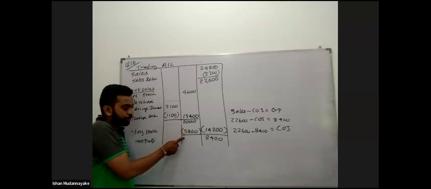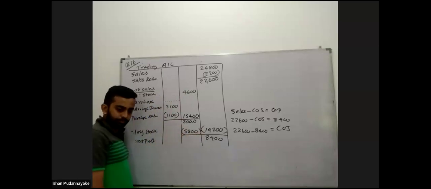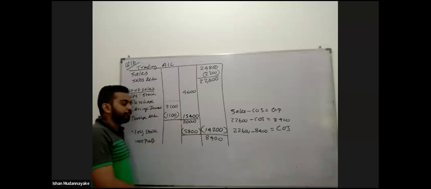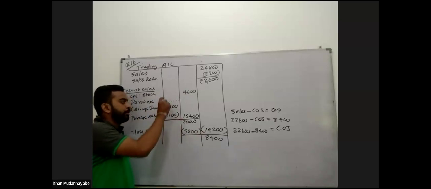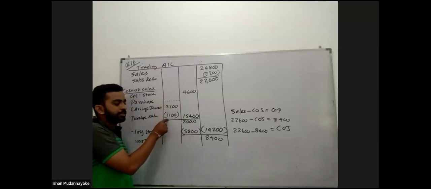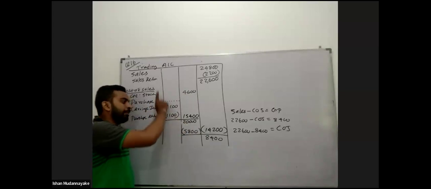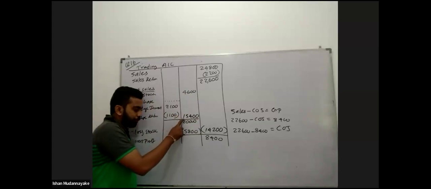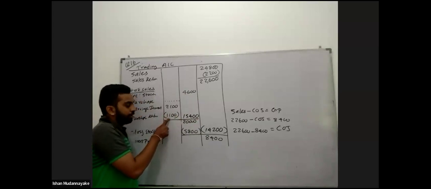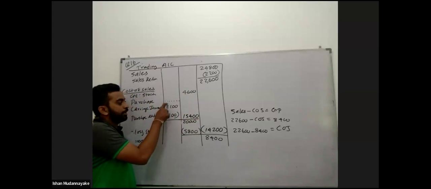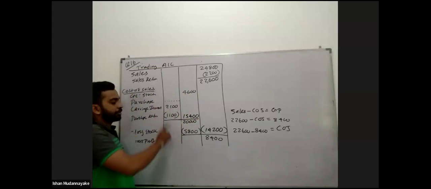20,000 minus closing stock, then cost of sales. How to calculate net purchases? Purchases plus carriage inward minus purchase return. Then again backward: 15,400 plus 1,100 minus 2,100.